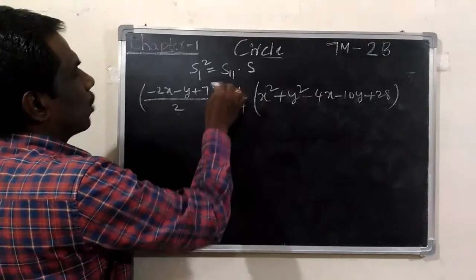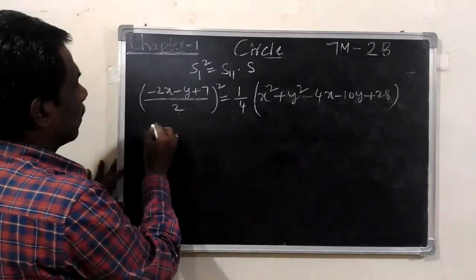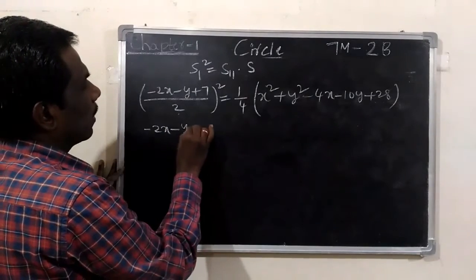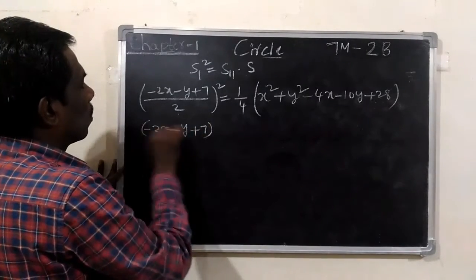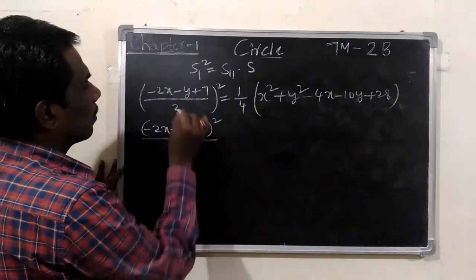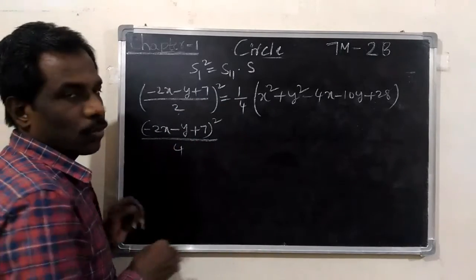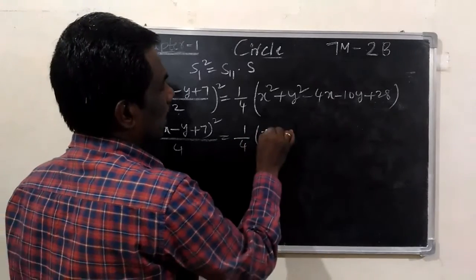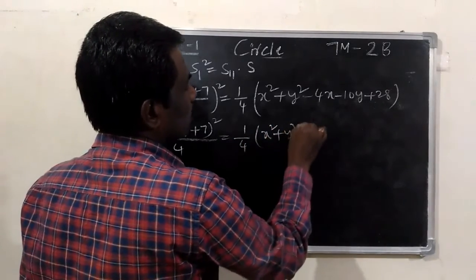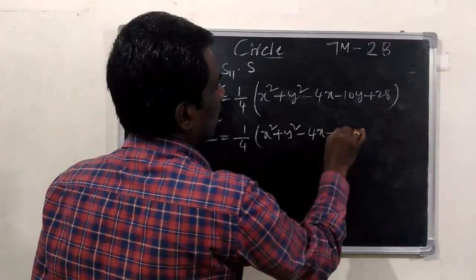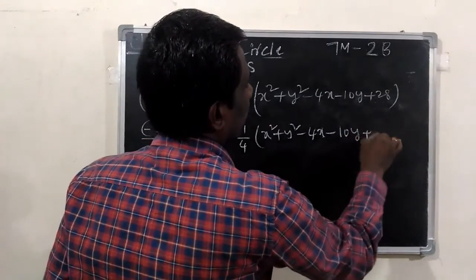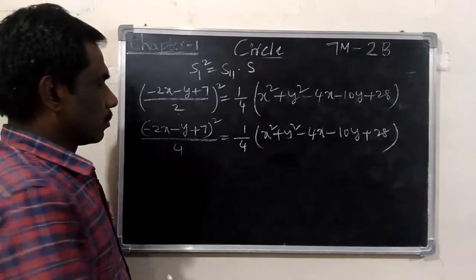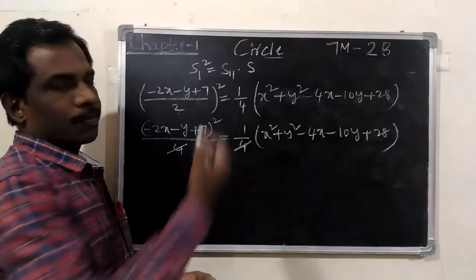This square we separate for numerator and denominator: (minus 2x minus y plus 7) whole square by 2 square, 2 square is 4, equal to 1 by 4 into (x square plus y square minus 4x minus 10y plus 28). We can cancel this 4 and this 4.